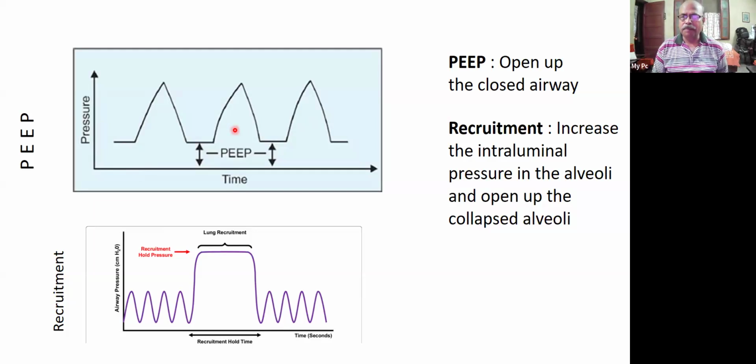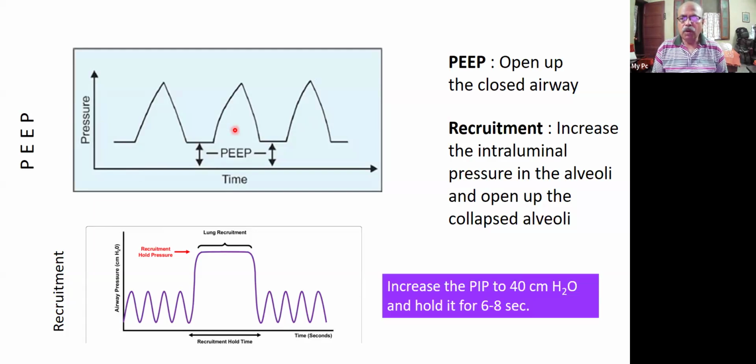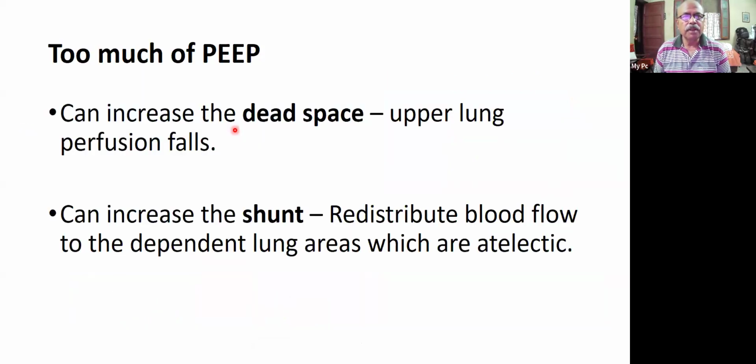Once they are opened up by the recruitment maneuver, you can start your PEEP, and it will keep the airways patent and open. So how do we give the recruitment? We increase the peak inspiratory pressure to about 40 centimeters of water and hold it for 6 to 8 seconds. That is good enough.